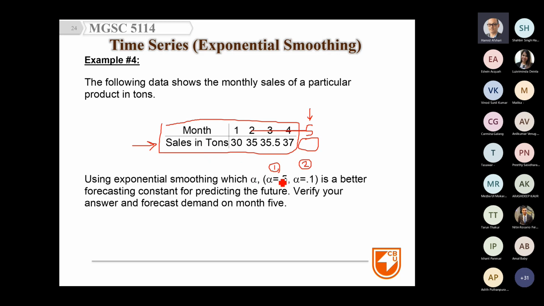I have the freedom to select the first method, where alpha is 0.5, or the second method, alpha is 0.1. I am asked to calculate the forecast for the 5th period. And another important factor, the forecasted demand for the 5th period should be the most accurate one. So what should I do?